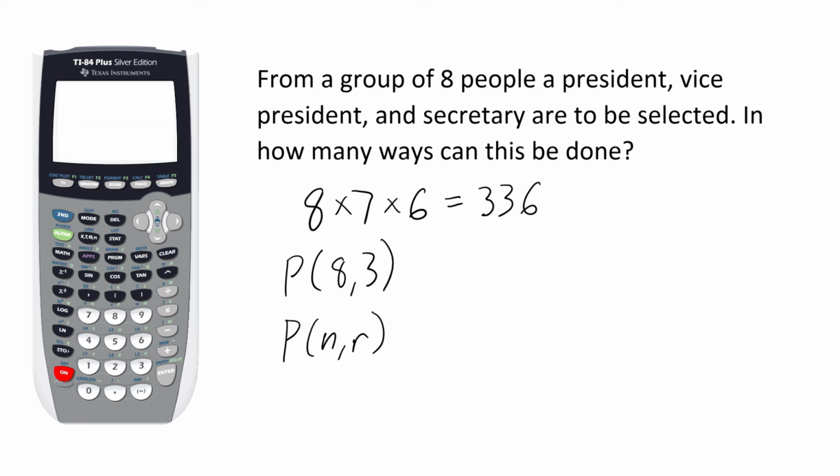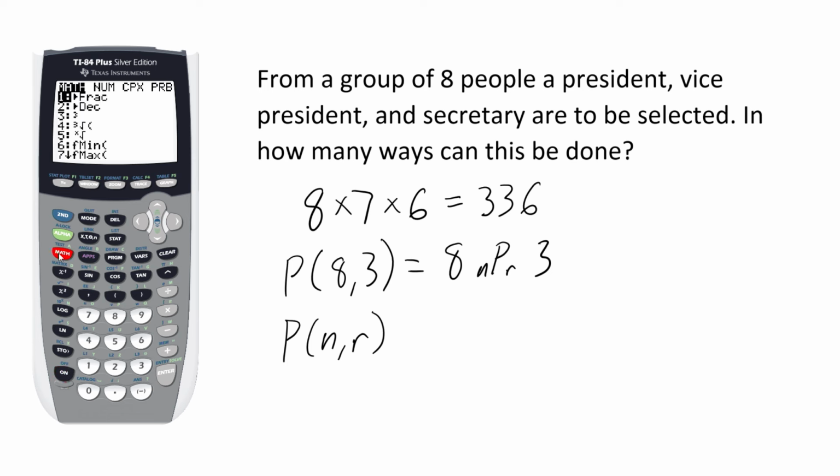At most, n and r can be the same size, but otherwise r should always be a smaller number than n. So in our calculator, we'll first type in the number, then select the permutation function nPr, and then say how many items we want to select, and that's going to be 3. On our calculator, we'll press 8.